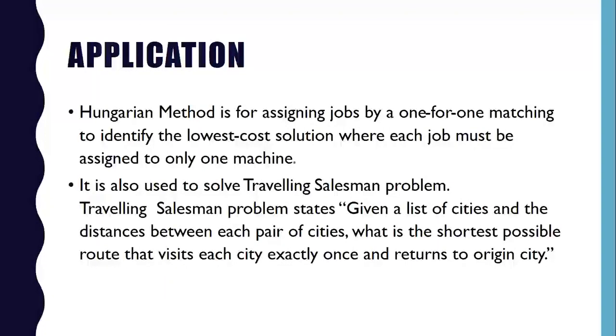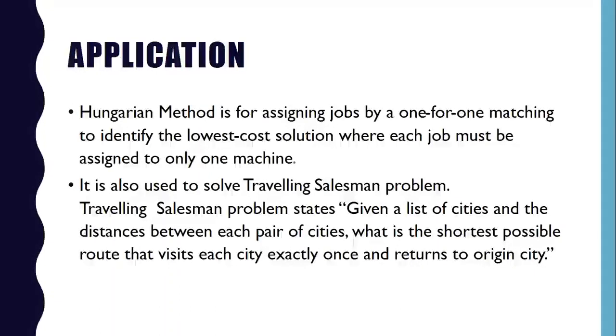But on further research, we also find that the Hungarian algorithm can be used to implement the traveling salesman problem also. Just giving a brief about the traveling salesman problem, it states that given a list of cities and the distance between each pair of cities, what is the shortest possible route that visits each city exactly once and returns to the origin city?